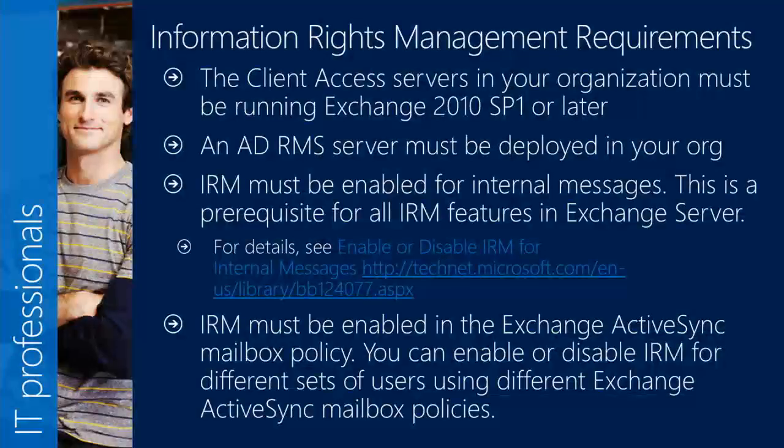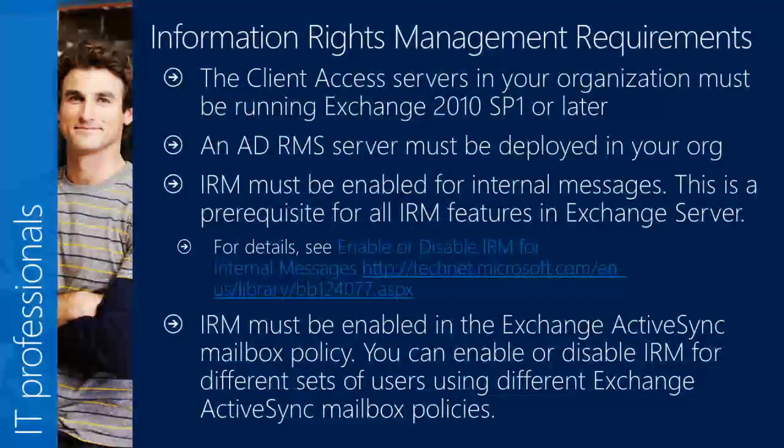For information rights management, for those that have it installed or want to use it with Windows Phone, your Exchange client access or CAS server needs to be running Exchange 2010 Service Pack 1, at least. That's the base level to get access to it.